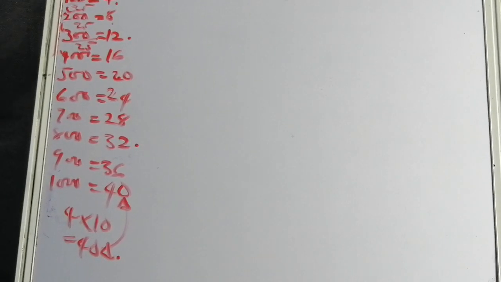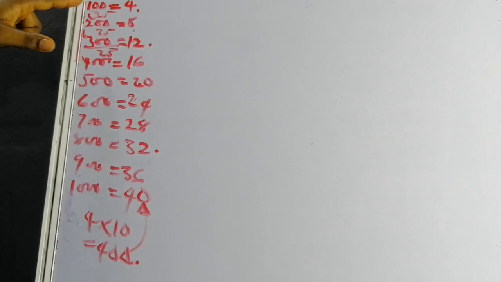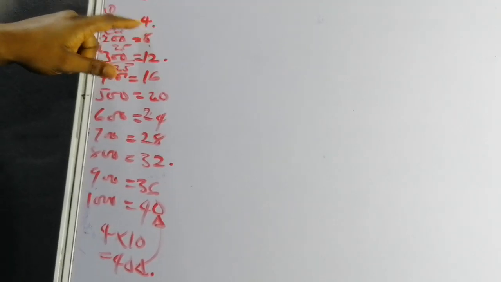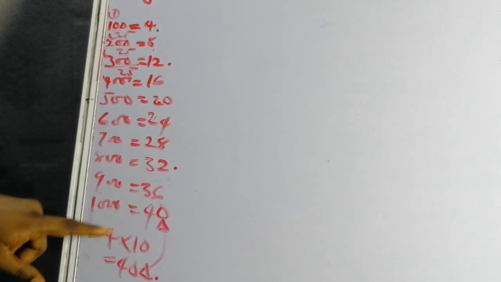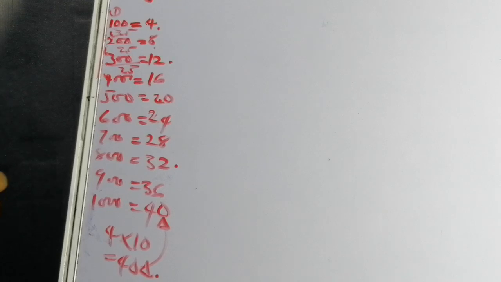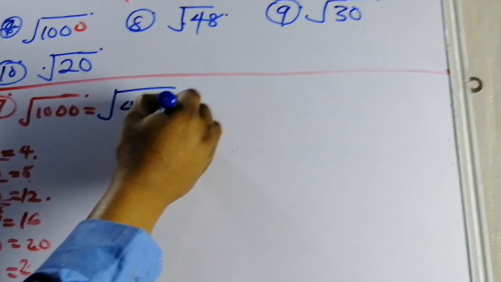It's very simple, but I break this down just for you to know how I get my 40. But if I'm in a JAMB class, or perhaps in a post-UTME and they want me to do this, I don't have to waste time. I know that 25 can go into 100 four times, so I just times it by 10 straight and I get my 40. So here is the same thing as 40 times what?